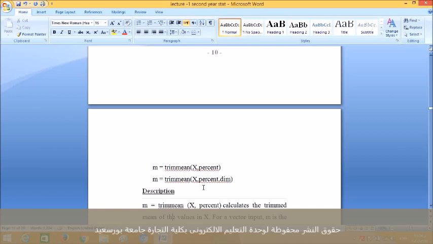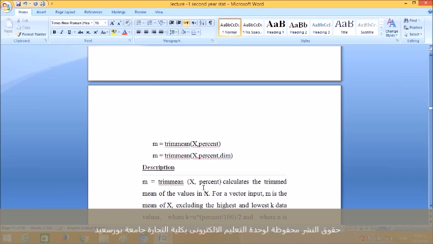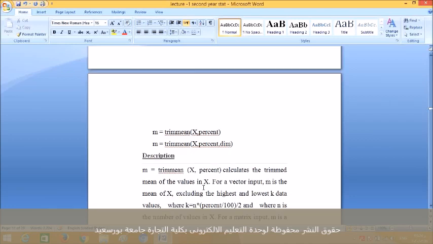M is the mean of x excluding the highest and the lowest k data values, where k equals n multiplied by percent divided by 100 and divided by 2, and where n is the number of values in x.